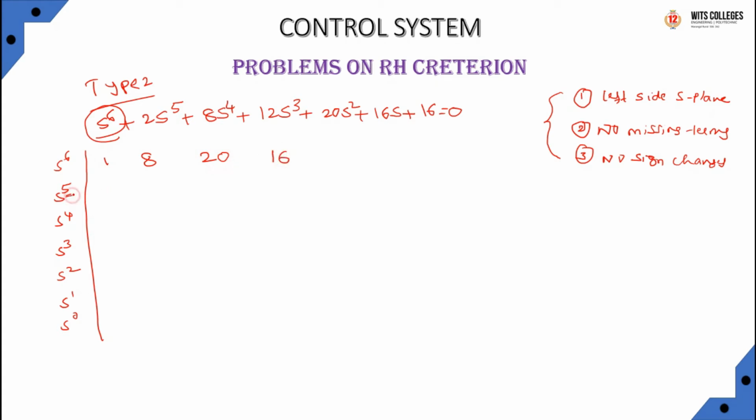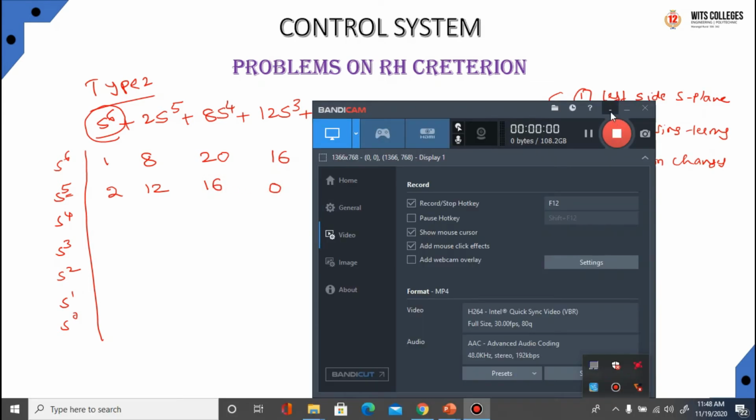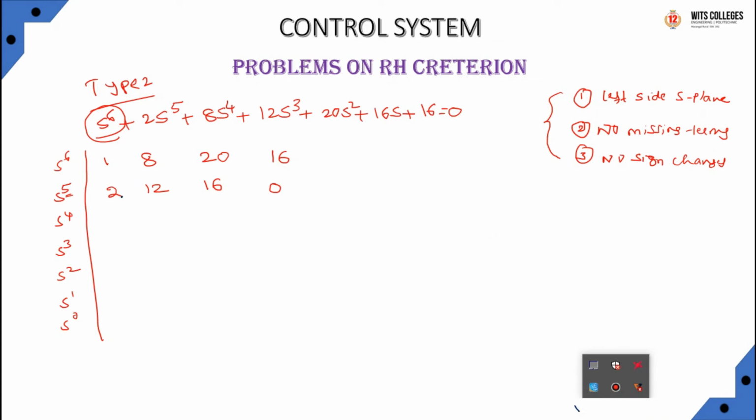The s power 5 row has the odd coefficients, 2, 12 and 16, then 0. Dividing this row by 2, we get 1, 6, 8. Next we find the s power 4, s power 3, s square, s power 1 and s power 0 rows.